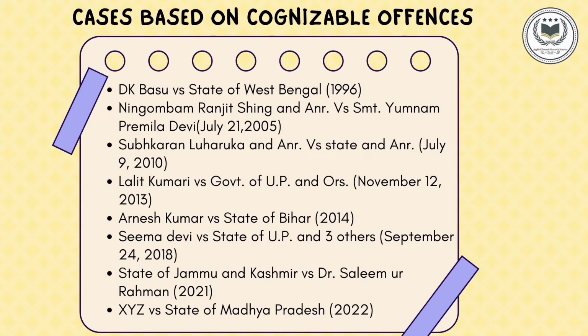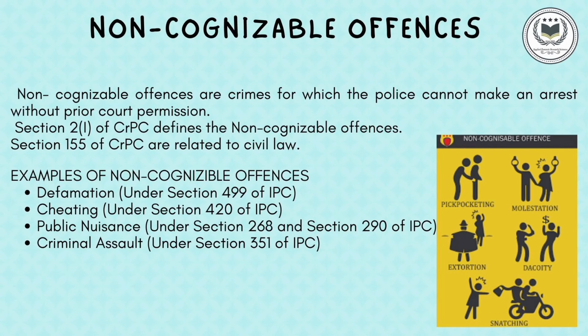Some cases based on cognizable offenses are DK Basu versus the State of West Bengal in 1996, Lalita Kumari versus Government of UP and Others, November 12, 2013, Arnesh Kumar versus State of Bihar, 2014, Shreya Devi versus State of UP and three others, September 24, 2018. These are some cases which are considered as cognizable offenses.